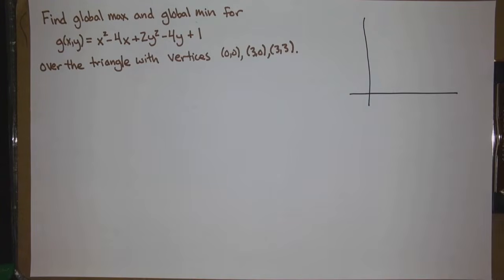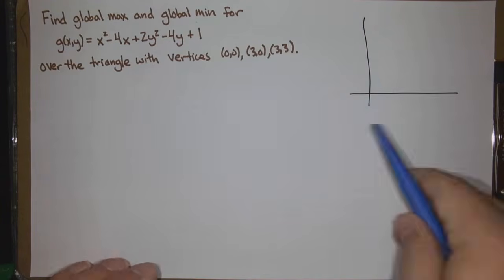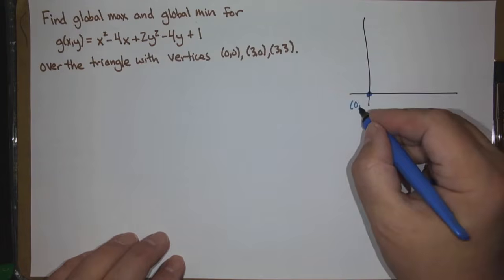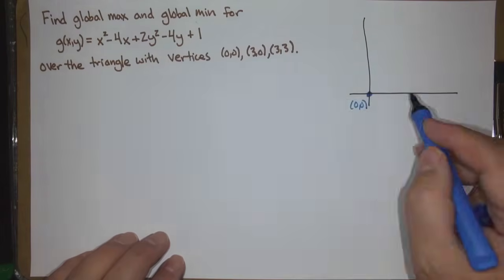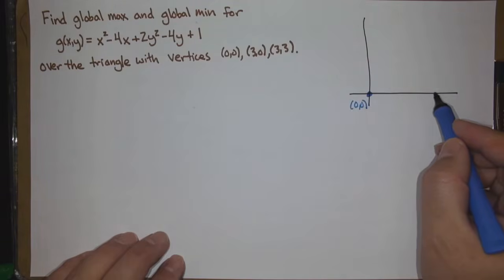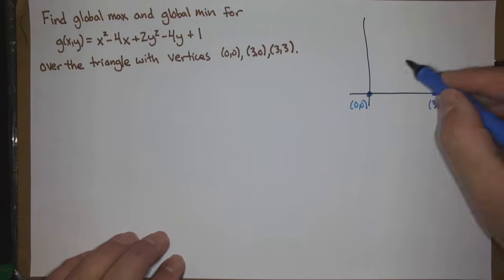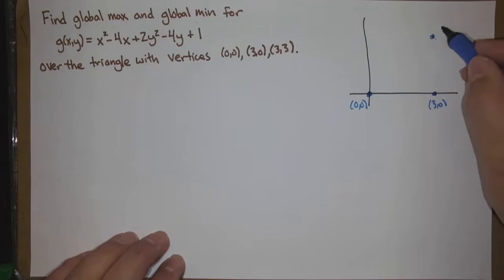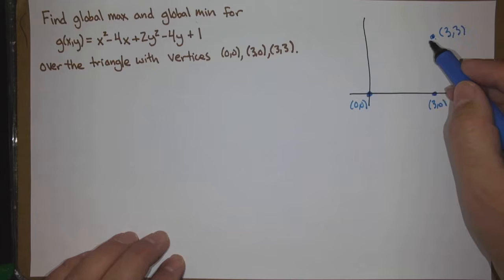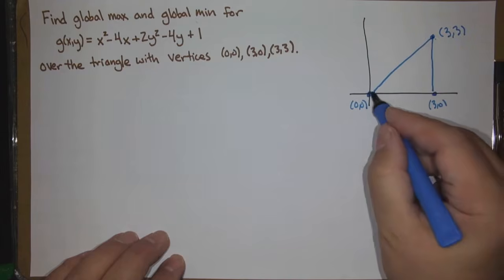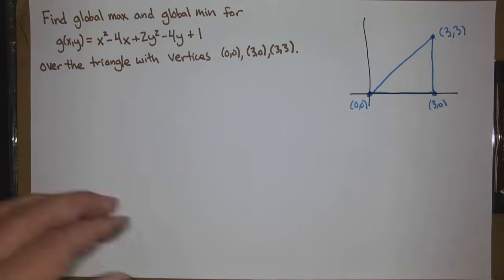All right, so we put a grid in. Our domain is two-dimensional. We'll mark the points 0, 0. 3, 0 means we moved in the x direction 3 points. 3, 0. And then 3, 3 will be up here. And our region is this triangle.